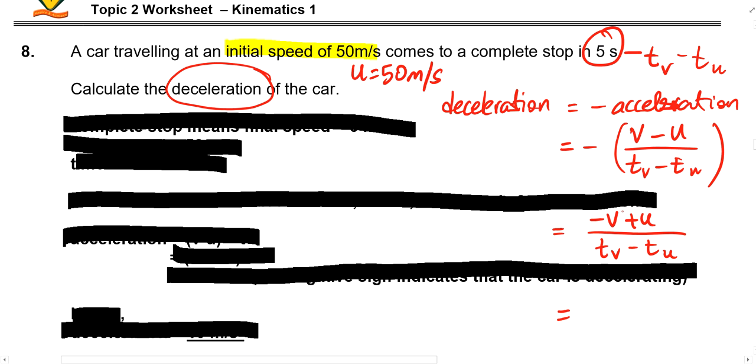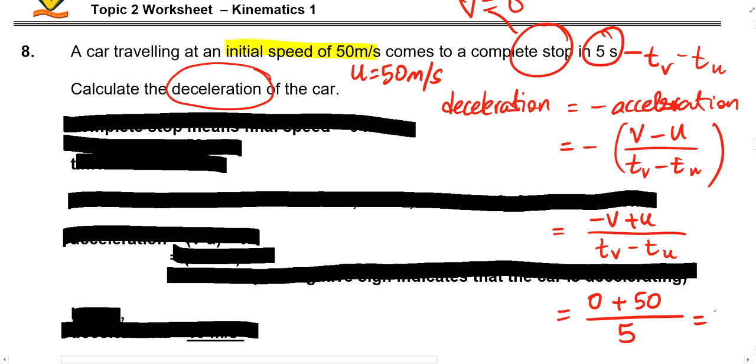What is the value of V? V equals 0 because it came to a complete stop. So V equals 0. 0 plus U. What is the initial speed? 50 divided by the time taken, TV minus TU, which is 5 seconds.